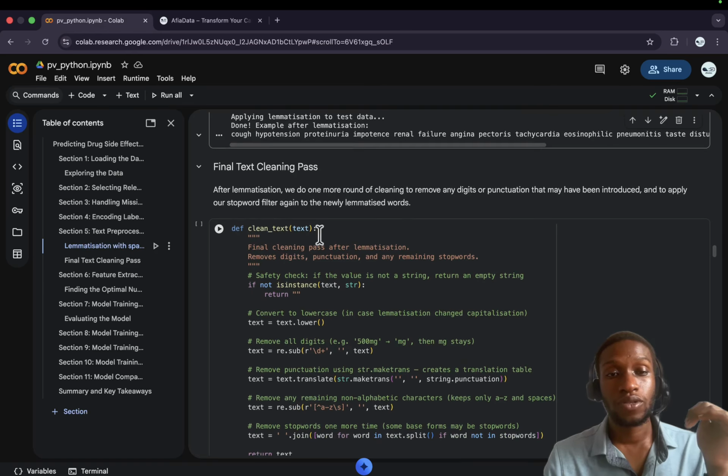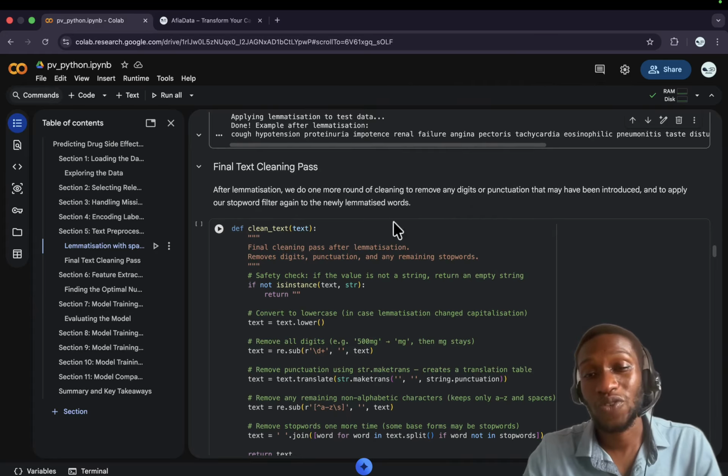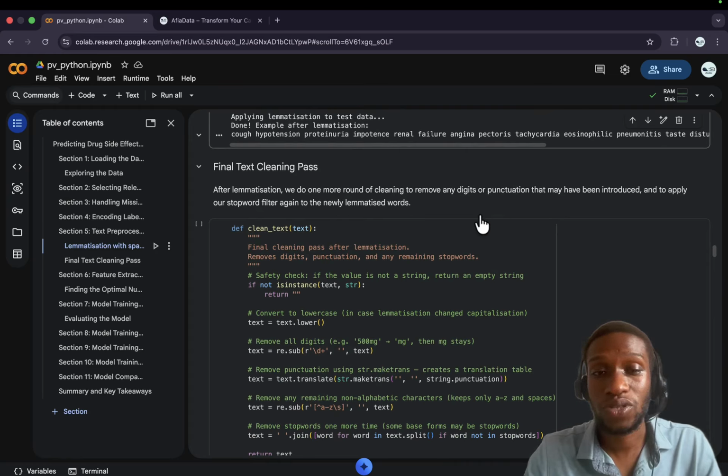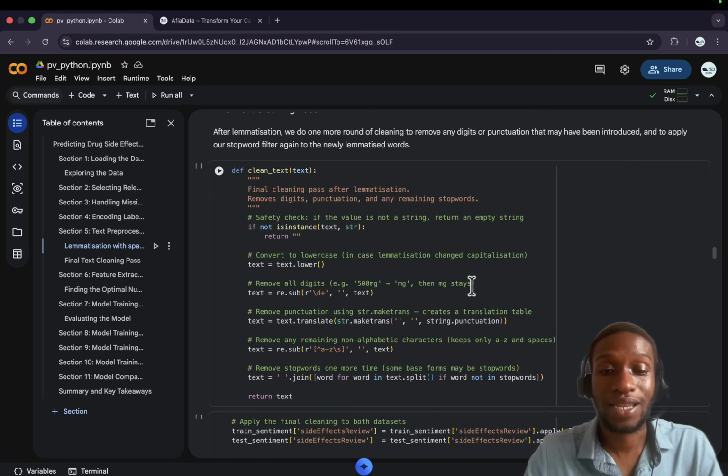So the final text cleaning pass. So after lemmatization, we do more rounds of cleaning to remove any digits or punctuations that may have been introduced and to apply our stop word filter again to the newly lemmatized words. So again, this is another round of cleaning just to prepare our data for our ML task.